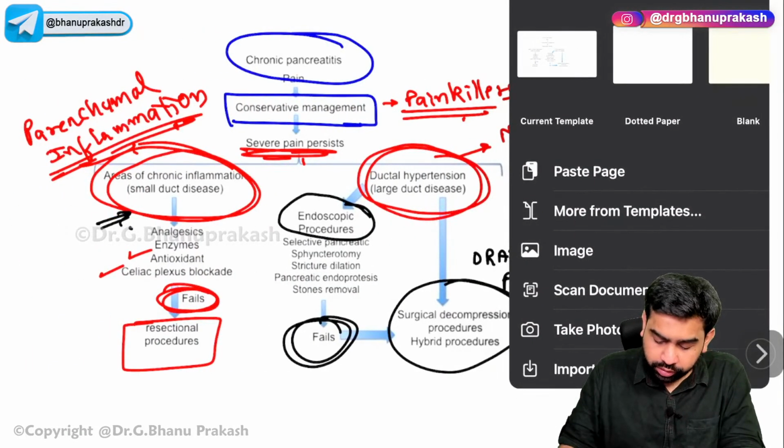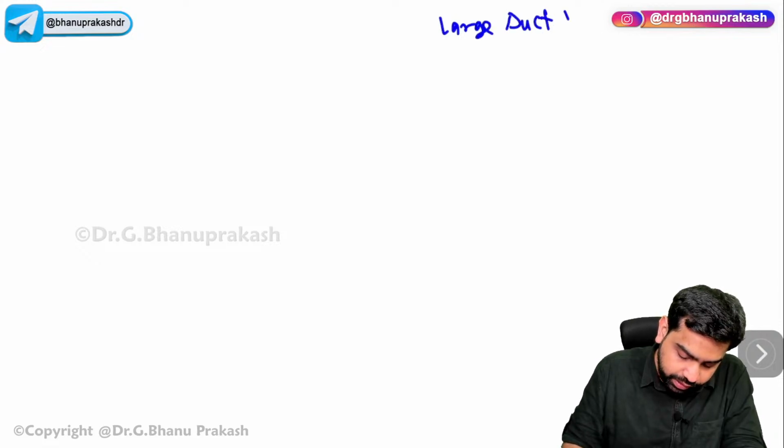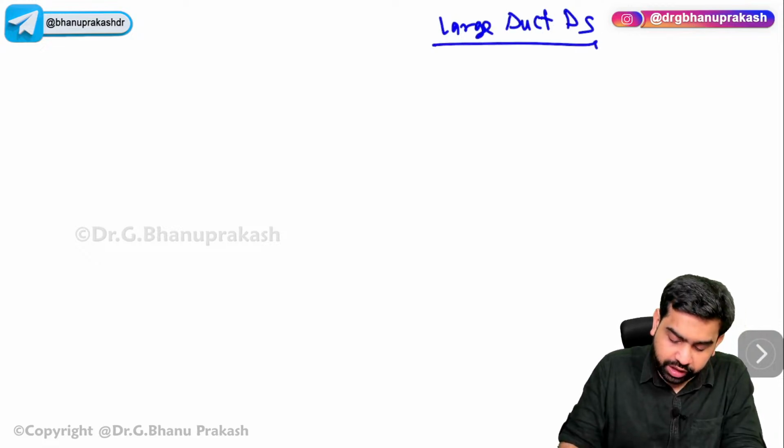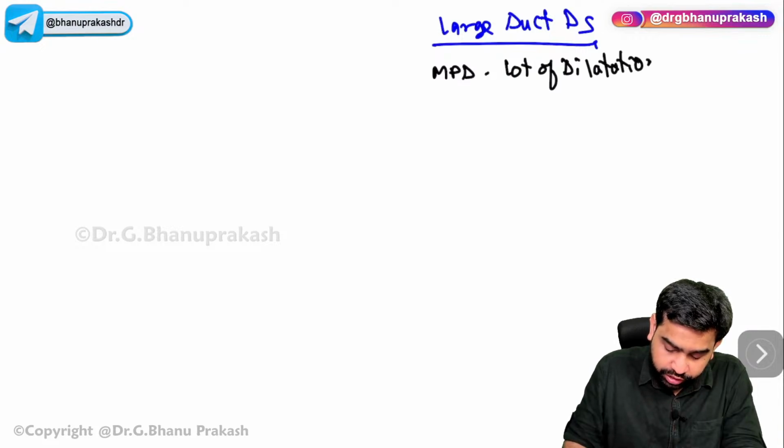So I hope you have understood where we perform the drainage procedure, and where we perform a resection procedure. I'll just summarize it for you. If you have a large duct disease, what do you understand by large duct disease? That is, the main pancreatic duct is having a lot of dilatations and stricture.